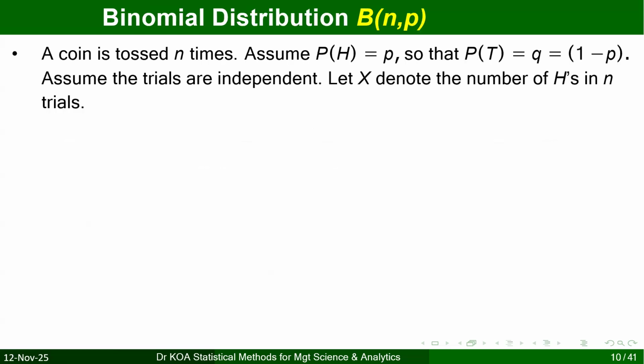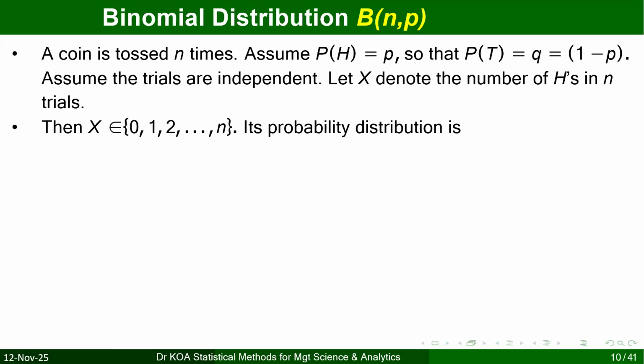Okay. We know that if you toss a coin N times and the probability of success is P and failure is Q, or 1 minus P, if the trials are independent, then we can let X denote the number of successes in the N trials. As you can see there. We know this already.